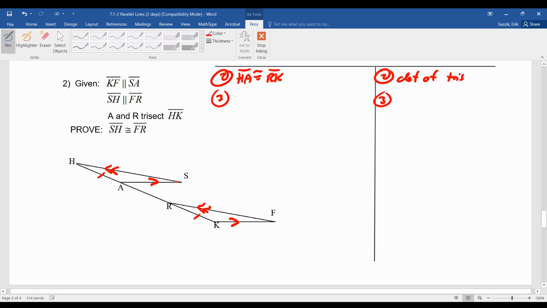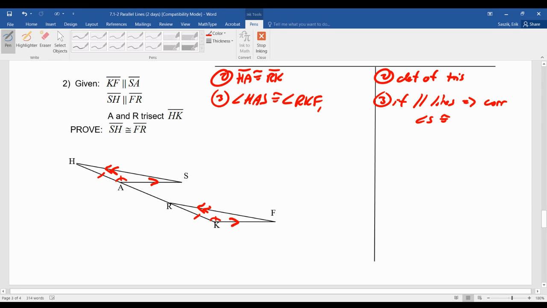So with these lines here, this line and this line, that's going to give me this congruent to that. You see how these are corresponding angles? Okay. Angle HAS congruent to angle RKF if parallel lines, then corresponding angles congruent.